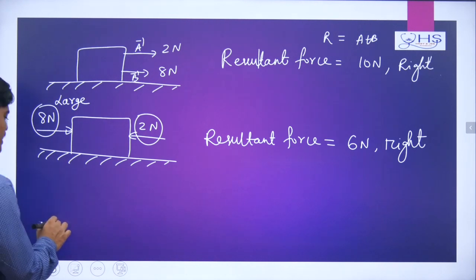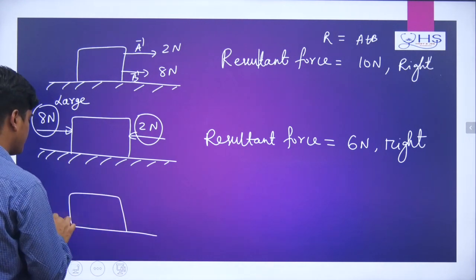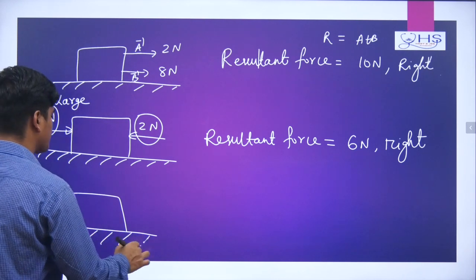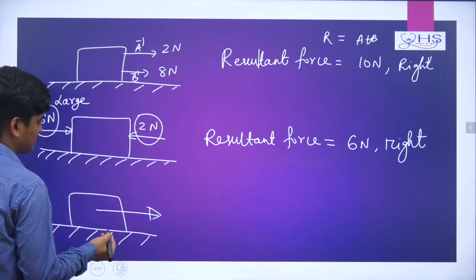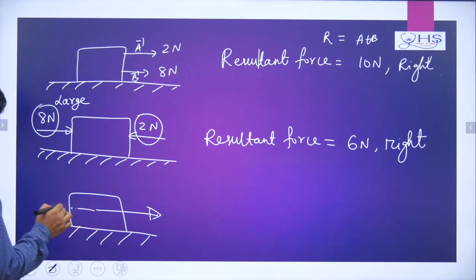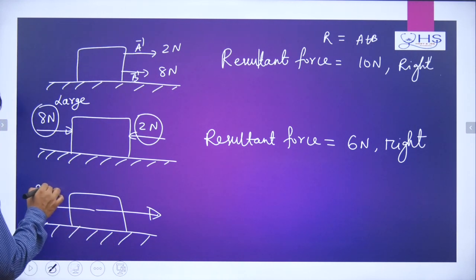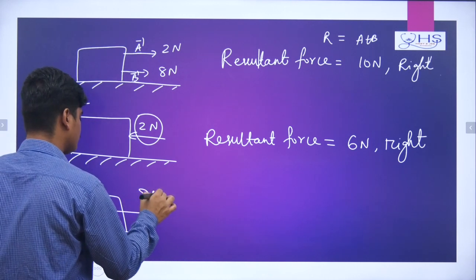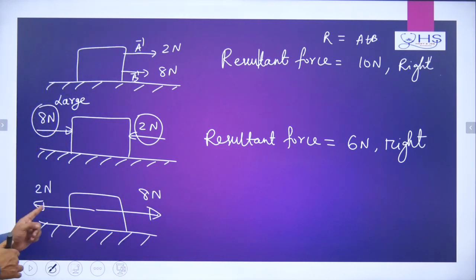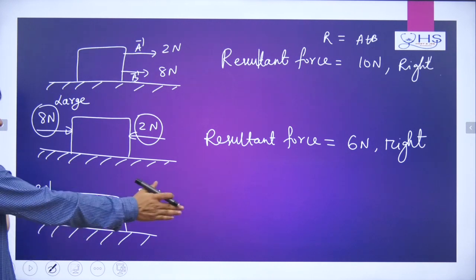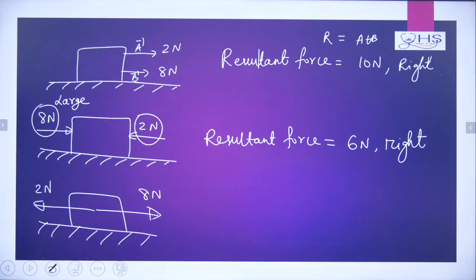Okay. Now next thing, suppose there are two forces. One force is acting in this direction and another in this direction. Suppose this is 2 Newton and this is 8 Newton, acting on this body. You see, again it is the opposite direction, because both heads are far away from each other.